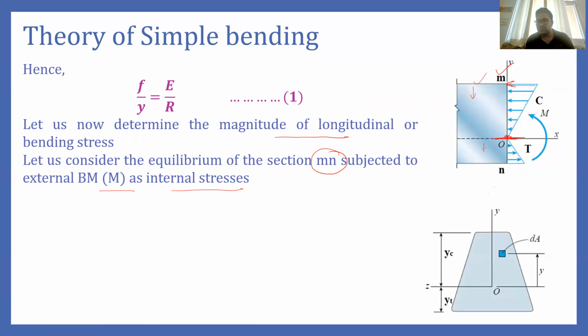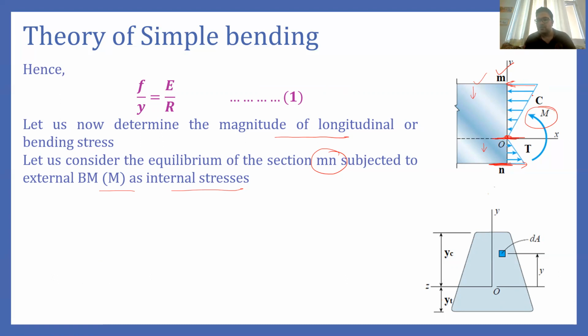Similarly, if we go further down, the tension force intensity is increasing, and at the lowermost level, tension stress is maximum. This is happening because of this moment, and this moment is occurring because of the external load.